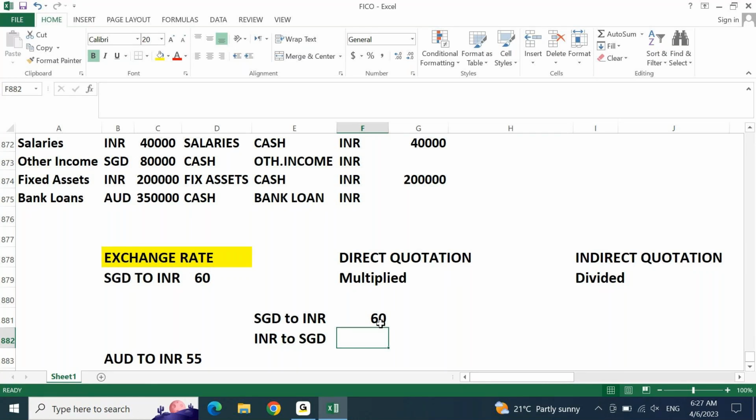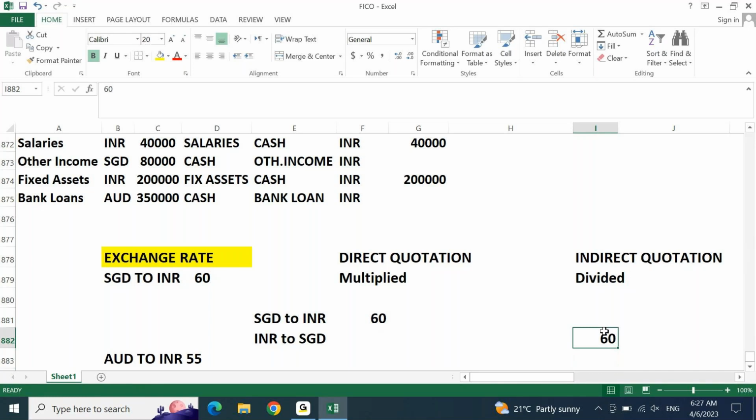It is our understanding that we will convert in the reverse way also. To do a reverse calculation, you do not have to do anything. Simply take the 60 and put this in the indirect quotation. In both sides, you will be updating the same. Once you are taking this as direct quotation on one side, on the other side you are taking this as indirect quotation.